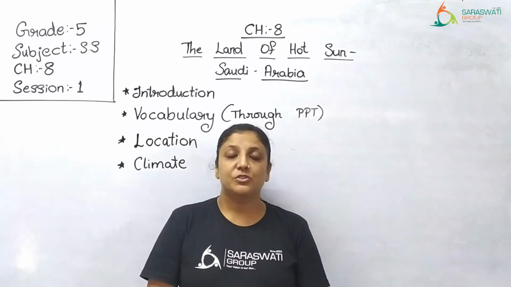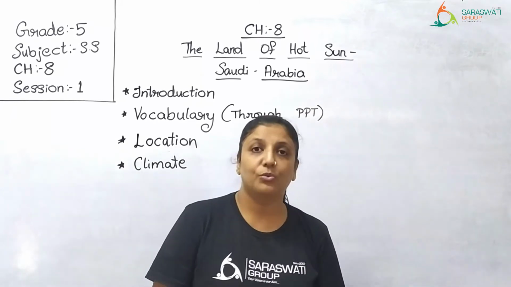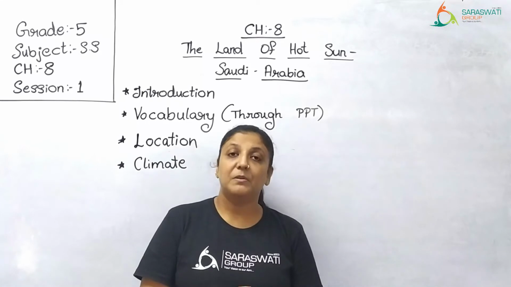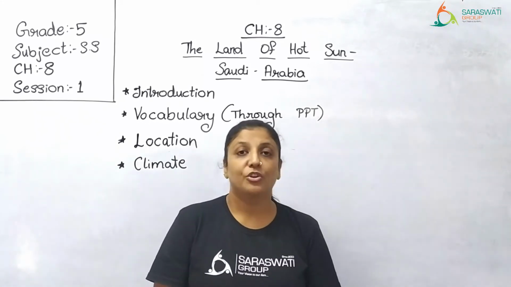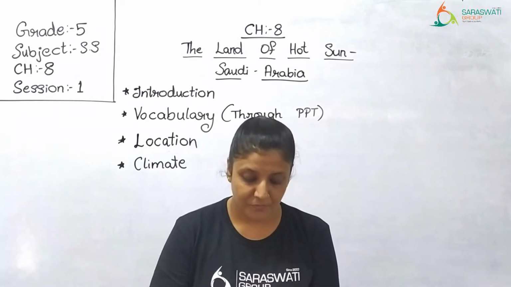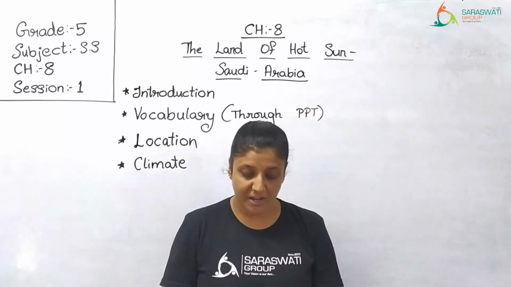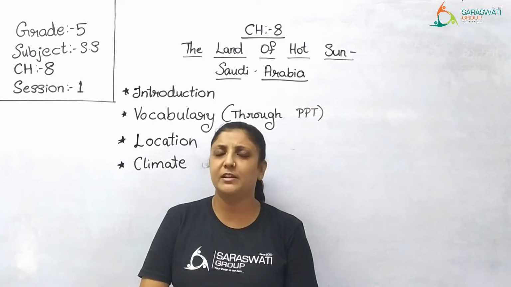Right? So, to begin the chapter, we will go through the vocabulary. But before that, let us see what is the introduction to this part of the earth, that is Saudi Arabia. A desert is a dry area with little or no vegetation. So what is a desert?